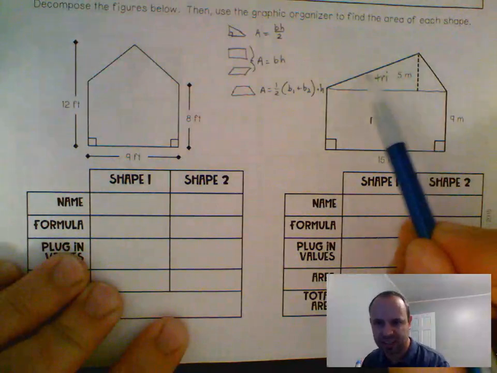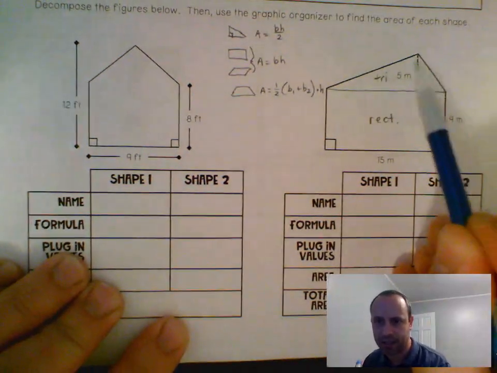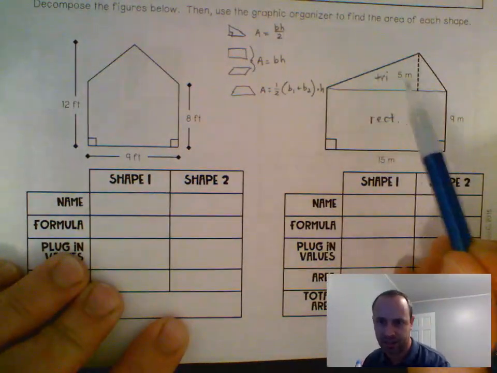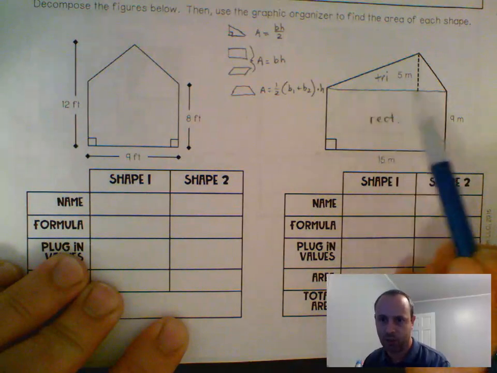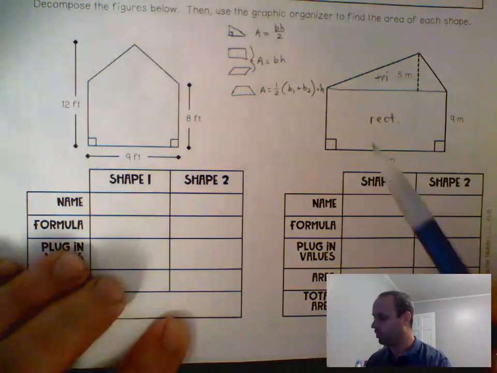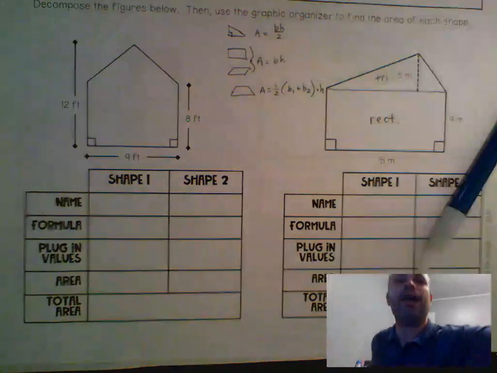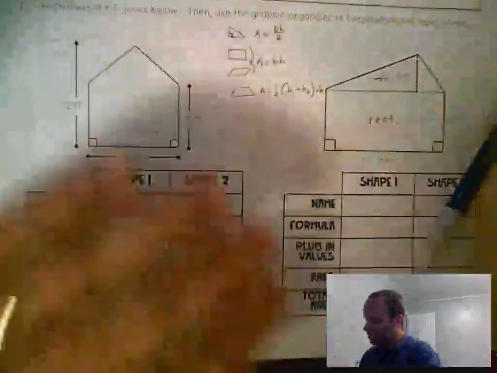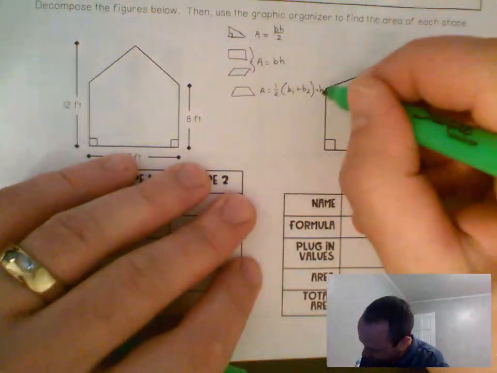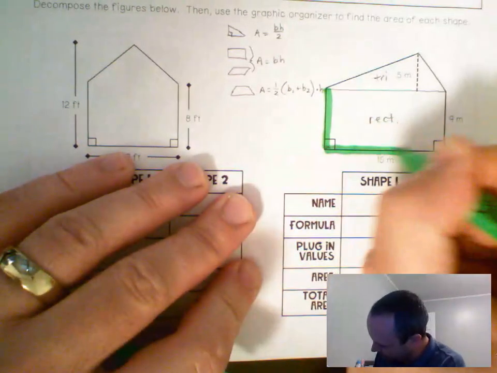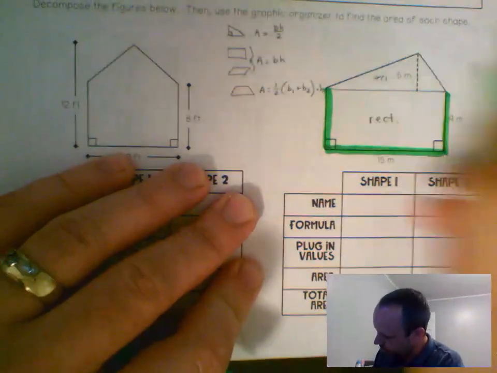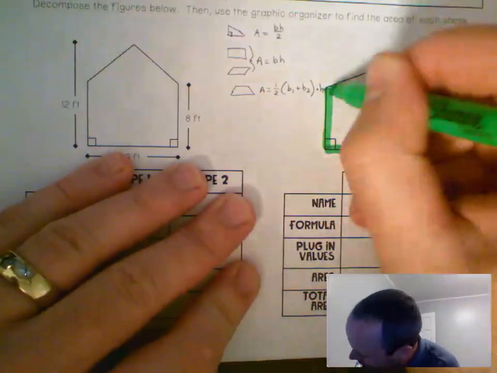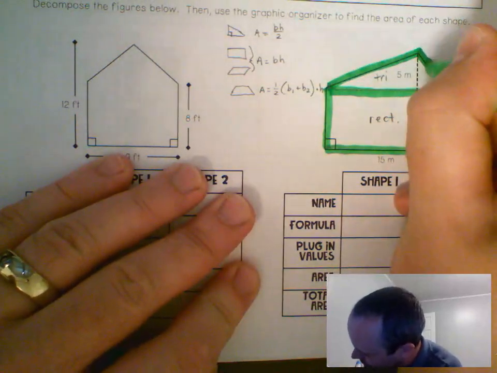I'm looking at this as one big triangle right here. You could also say it's two little triangles, but let's call it one big triangle up here and then one rectangle down here. If I have a highlighter, I'll show you what I'm talking about. This is a composite figure because it's composed of both a rectangle and also a triangle.